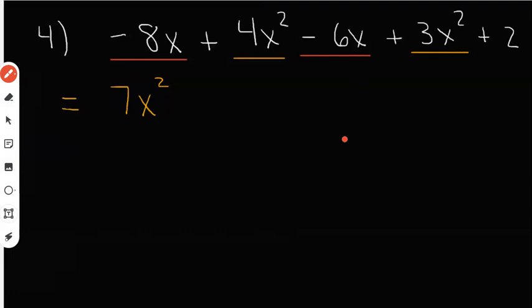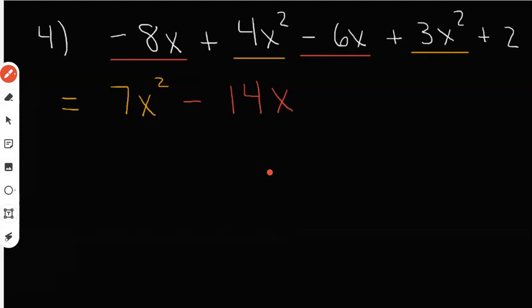They have the same x terms, right? Now I've got negative numbers. I've got -8, -6. If I put two negative numbers together, I've got to get a negative answer from that. -8 minus 6, -14, right? So minus 14x.